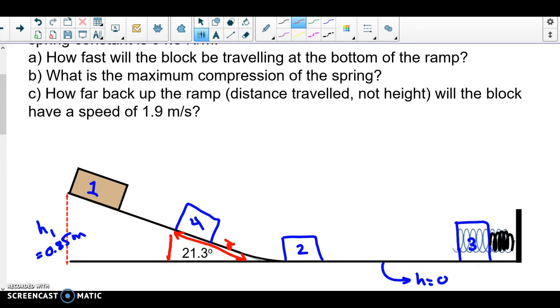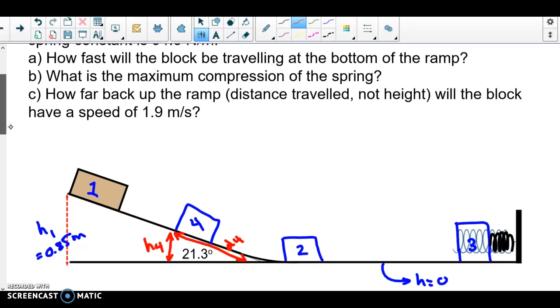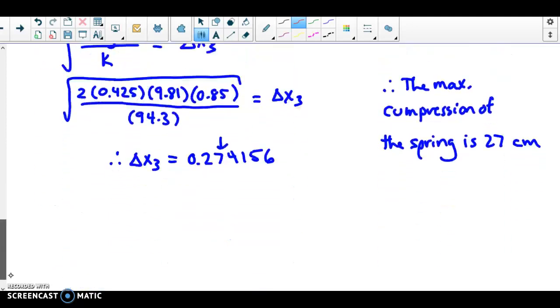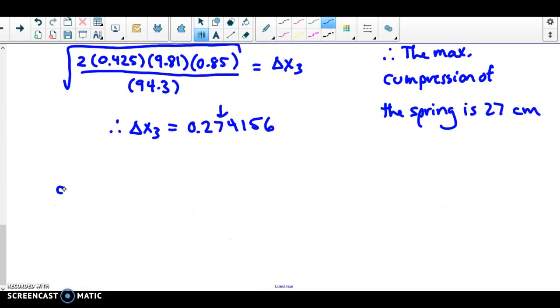I'm also going to need to figure out as part of my solution what is that height that corresponds, and I'll call that d4, with distance 4. So here, again, spring energy doesn't enter into it, but I will have some combination of gravitational potential energy and kinetic energy. So part C.